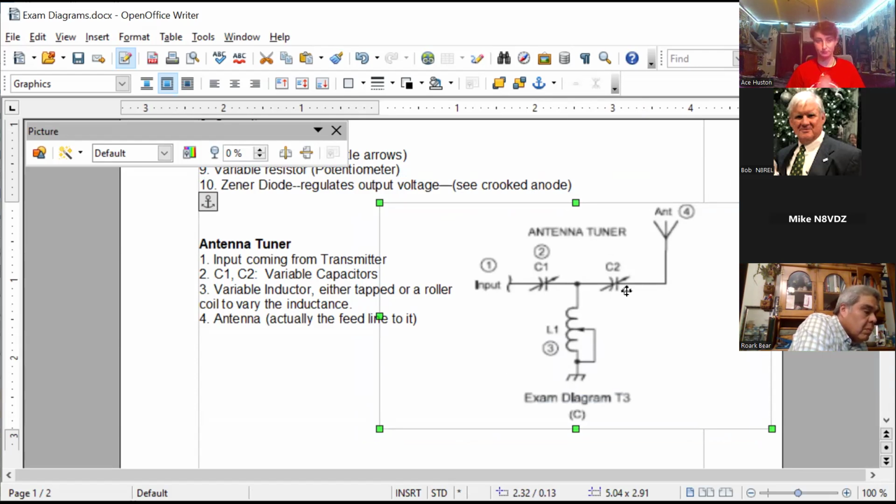So manipulating this, I have one for a wire that I've got. By manipulating it, it gets the signal out and keeps the transmitter happy because it believes that it's working into a perfect load, a perfect antenna.